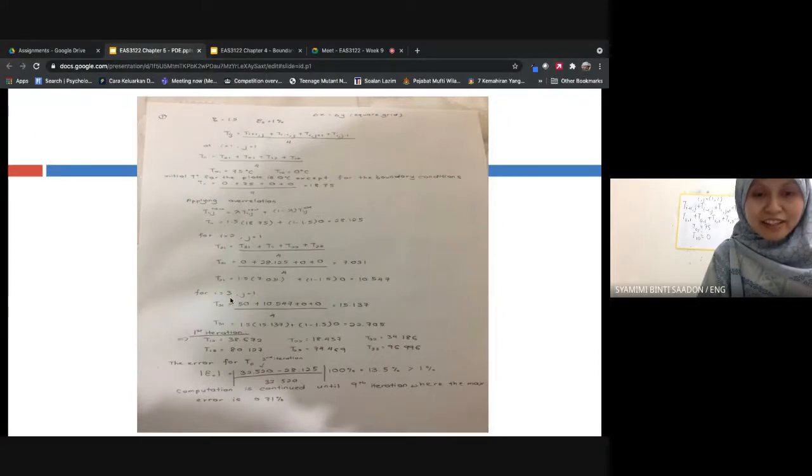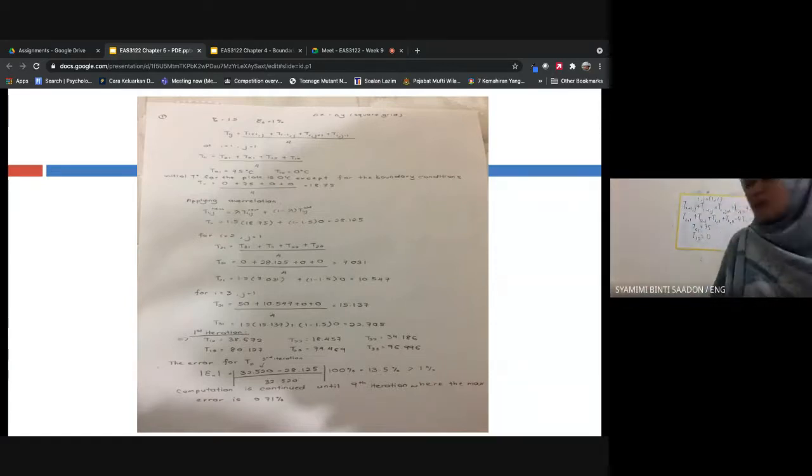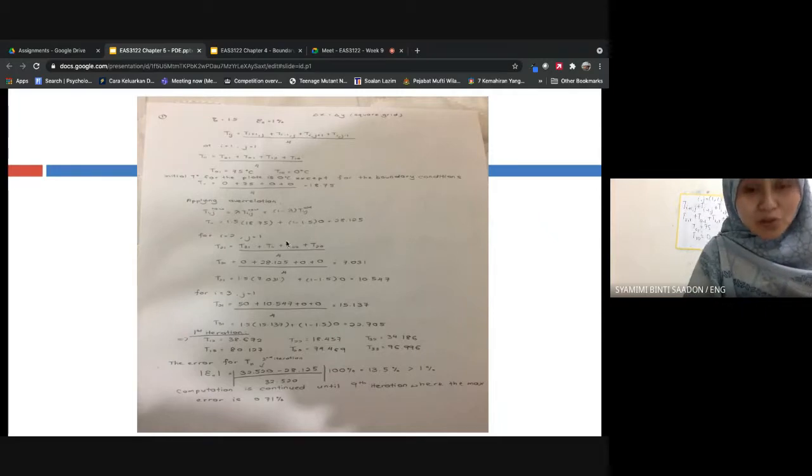And then I3, the same thing, and we get 22.7. So we do the same for I1, I2, and I3 for the heated plate, for J equals 1. So we have the values T11, T21, and T31 for the first round only.